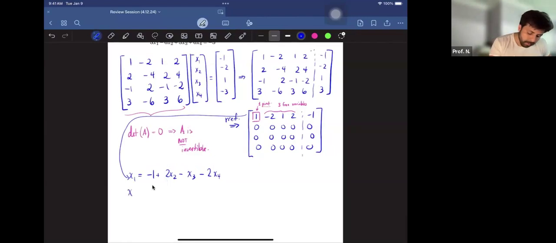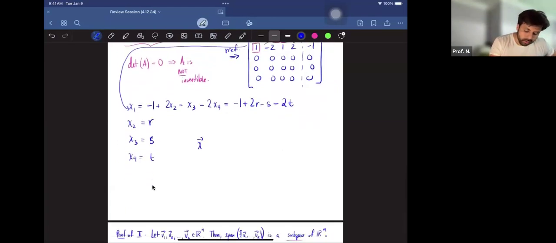And what is x2 going to be? What is x3? What is x4? They are r, s, t, so x1 equals -1 plus 2r minus s minus 2t. So what is the solution going to look like? x1, x2, x3, x4 will be -1 plus 2r minus s minus 2t, then r, s, and t.